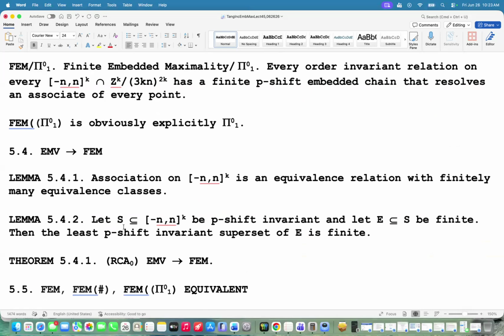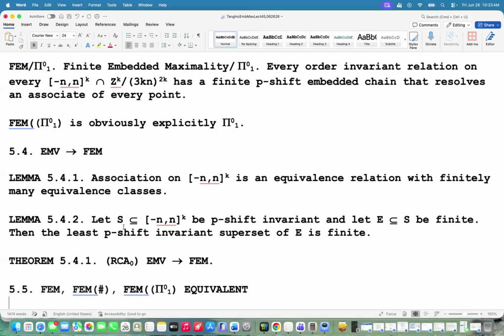So there's this general lemma 5.4.2 that you can take a p-shift invariant set and have a little subset, and you can always make that little subset p-shift invariant without growing too much. That'll be needed in the next section.